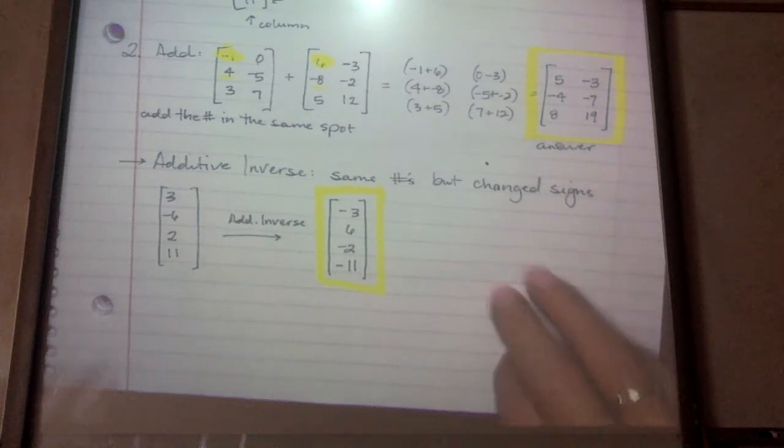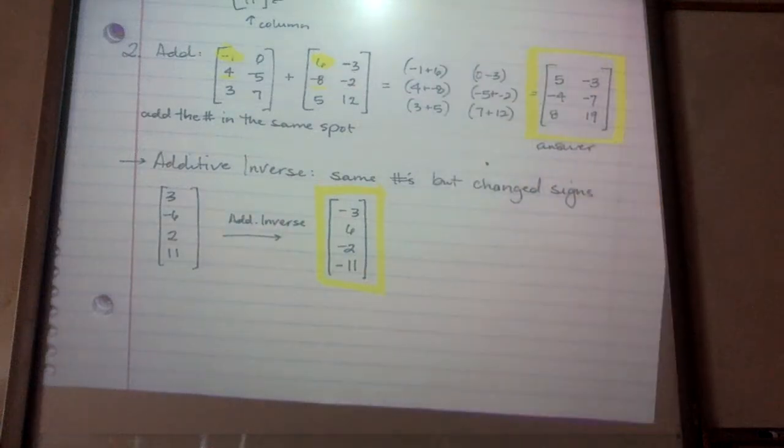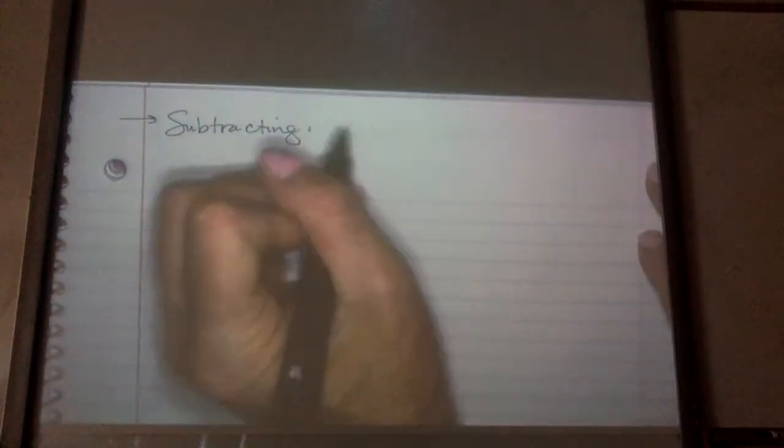Now, next, I'm going to go over subtracting. I'm going to turn the page. It's very similar to adding. I'm going to go over subtracting matrices. And I'm going to use the same matrices from the previous page, except I can't turn back that page without losing you here. So I'm going to just write two matrices.